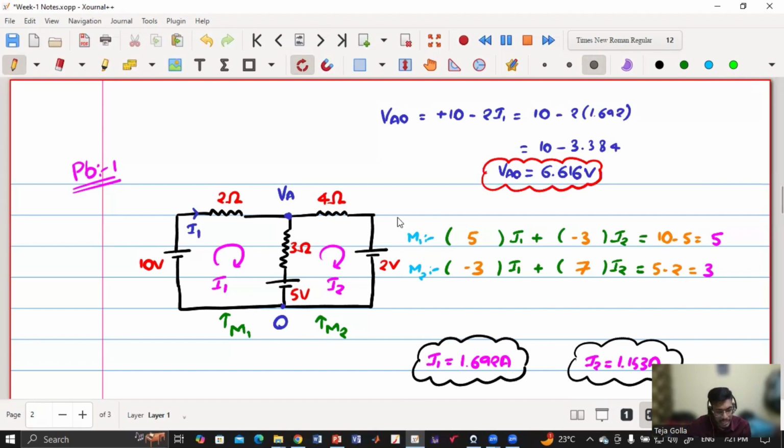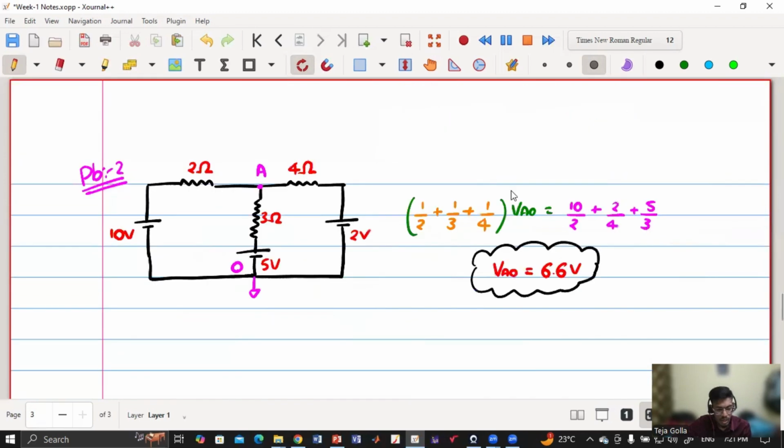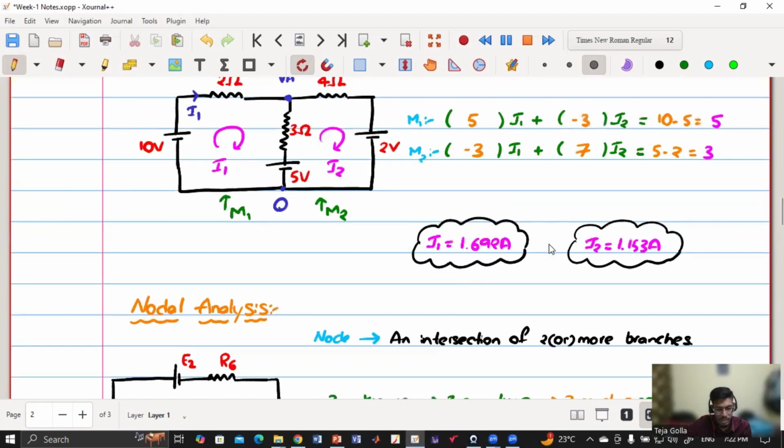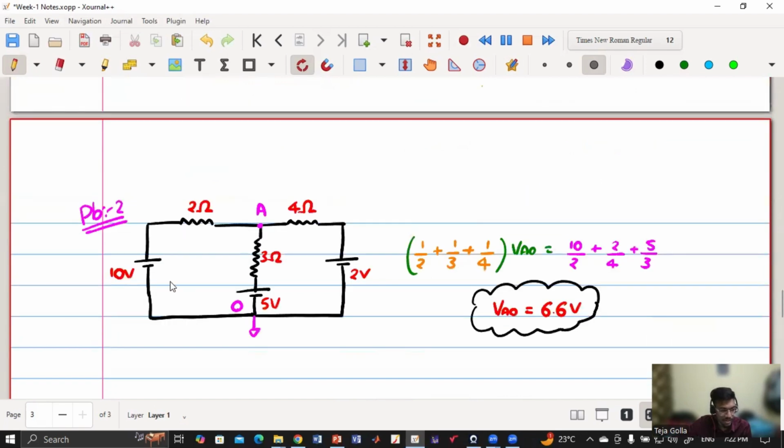But if you see in this case, when I apply mesh analysis, I had to solve two equations. Whereas in nodal analysis, one equation. Why? Because there are two meshes, but there is only a single node because the other node is a reference node. So here you need to solve two equations, here I only solve one equation. Once I get VAO, if someone is asking I1, I can calculate (10 minus VA) by 2. If someone is asking I2, I can write (VA minus 2) by 4.